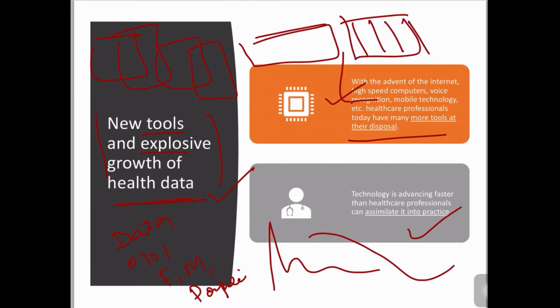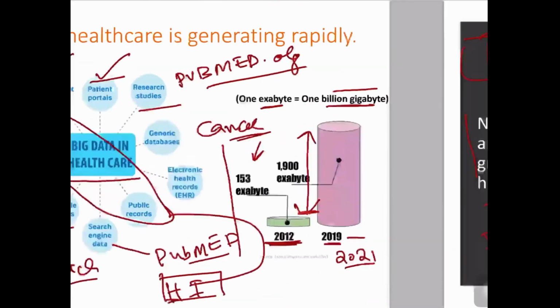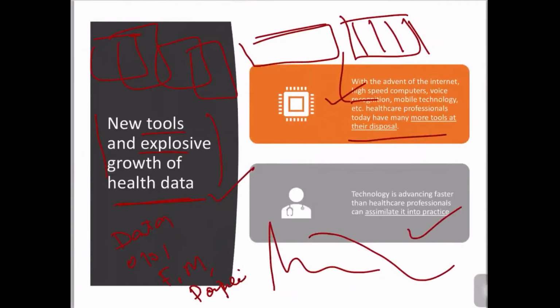Based on that, they take decisions. So in short, we need tools to take and manipulate data to reach decisions. And as data keeps growing, we have more and more tools at our disposal.